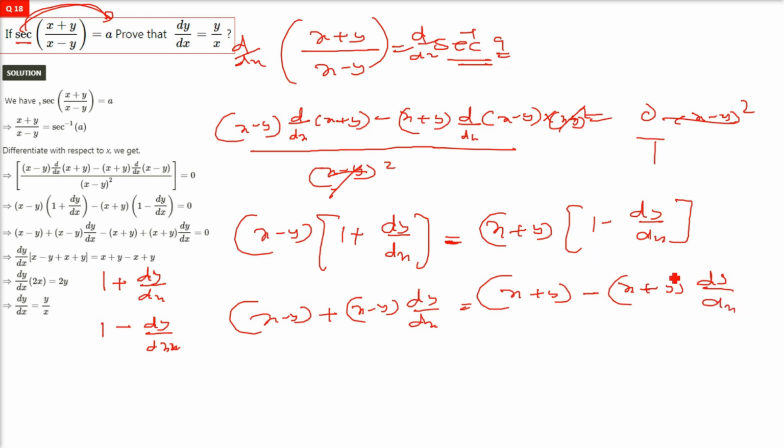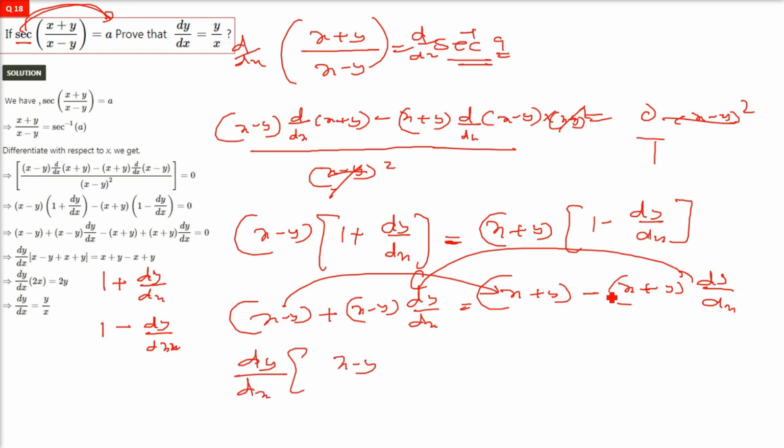Now bring dy by dx on one side, the other content on another side. Okay, let us do it. So we have dy by dx, x plus y, and this we are bringing here. So when it goes on the left hand side, it is going to be positive. Plus x plus y.